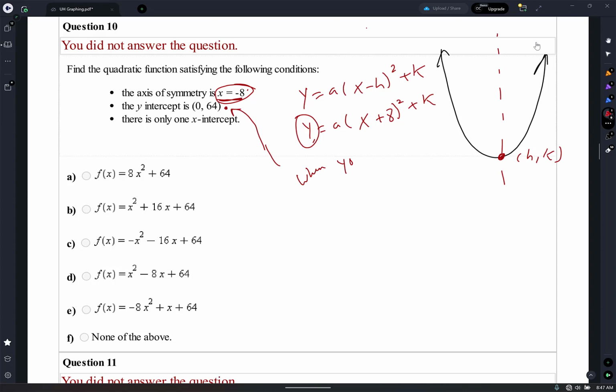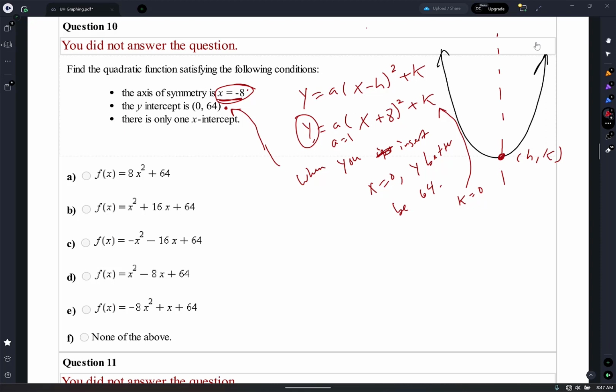When you insert x equals 0, comma, y better be 64. It has to. That's what the y-intercept is when you plug in x equals 0. So that means k has to be 0. See? So k has to be 0 in order for this to work. And then that means a has to equal 1, which may be the case all the time.